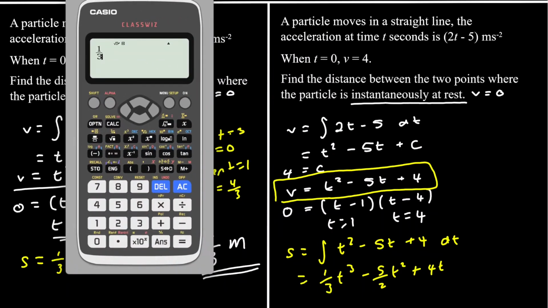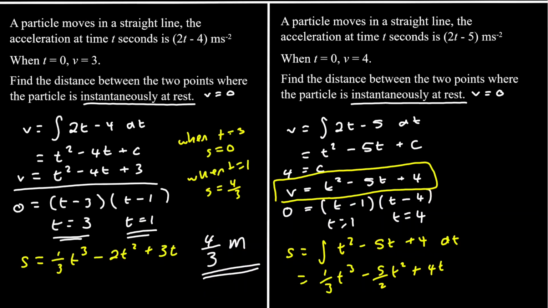So it's 1/3 of 1 cubed minus 5/2 times 1 squared plus 4 ones. And that is 11/6. So when t equals 1, the displacement is 11/6.